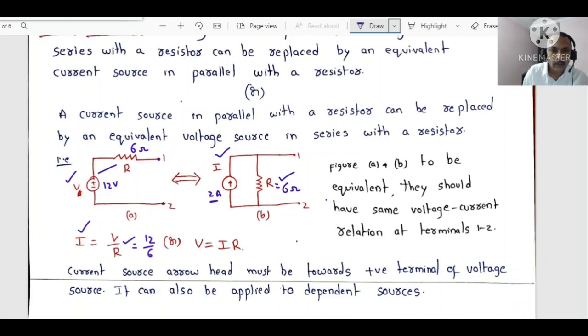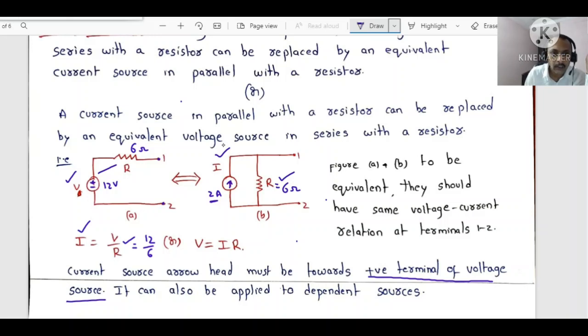Now, one more important point: here I have drawn a current source. The arrowhead of the current source in the circuit diagram I have pointed upward. You have to look at the polarities of the voltage source. Please place the arrow towards the positive terminal of the voltage source. We have to take the arrowhead direction towards the positive terminal of the voltage source. This is important.